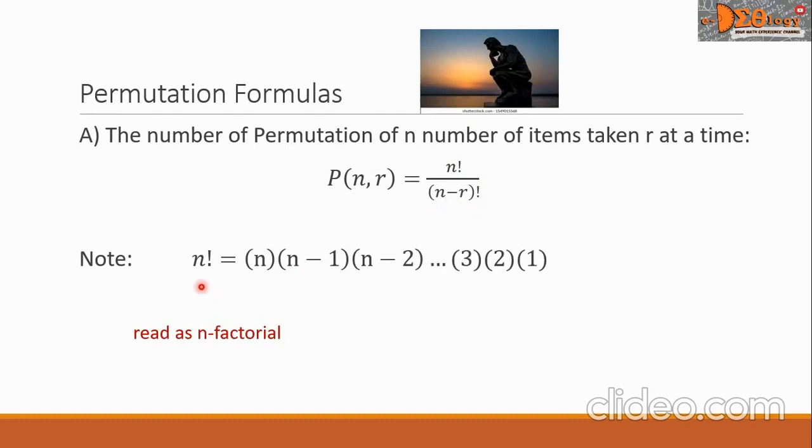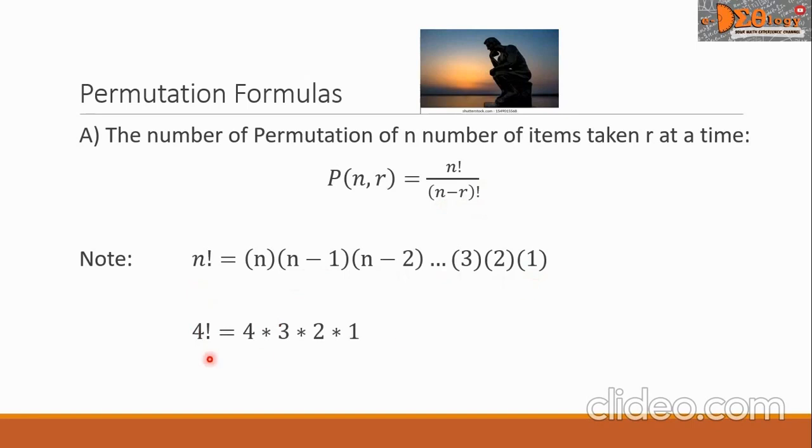And this n factorial is simplified into n times the quantity n minus 1 times the quantity n minus 2, up to when it reaches 3 times 2 times 1, and 1 is the last number.